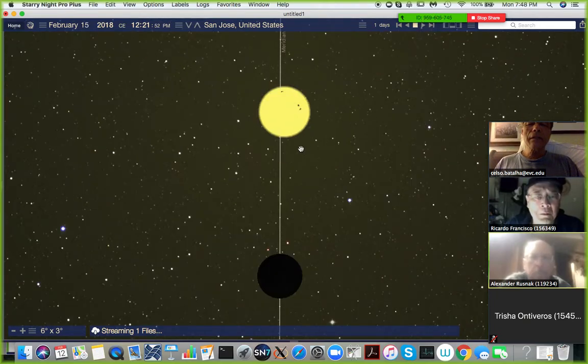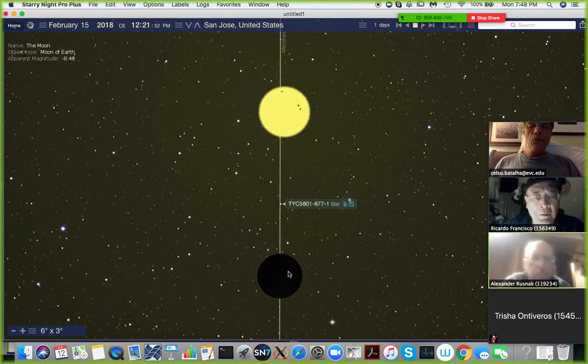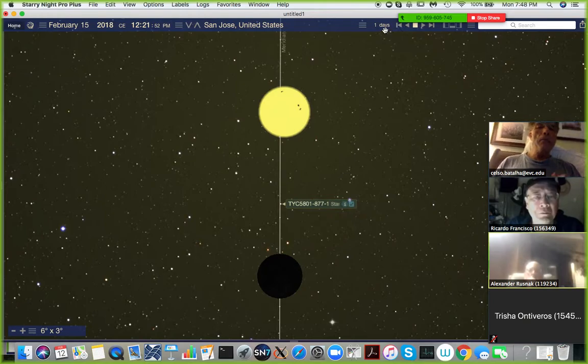Okay, see this star over here? That is a Tycho 5801-877-1 star. This black thing is the moon, a new moon. And the sun is crossing the meridian 12 hours 21 minutes p.m., February 15. And what I'm going to do, see, I'm going to advance one day.